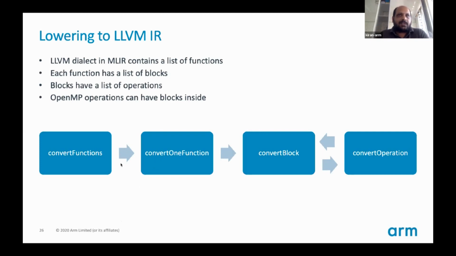You have a convert function which calls convert one function, which calls convert block, and which calls convert operation for each operation inside that. The only additional change here is that operations can contain regions inside it, and regions can have blocks. So for OpenMP, while extending this, what we have to do is to have a callback to convert block, so that the region inside the OpenMP operation is also converted to LLVM-IR.